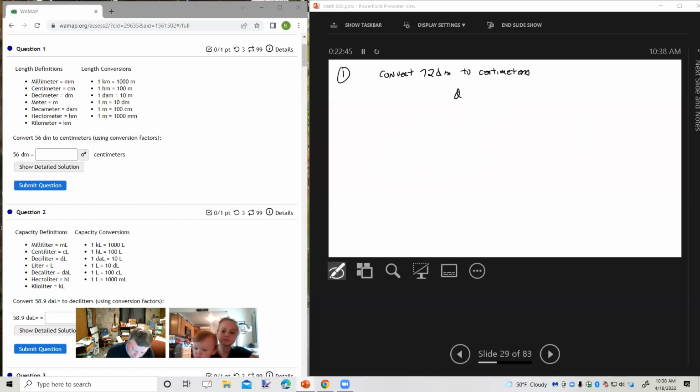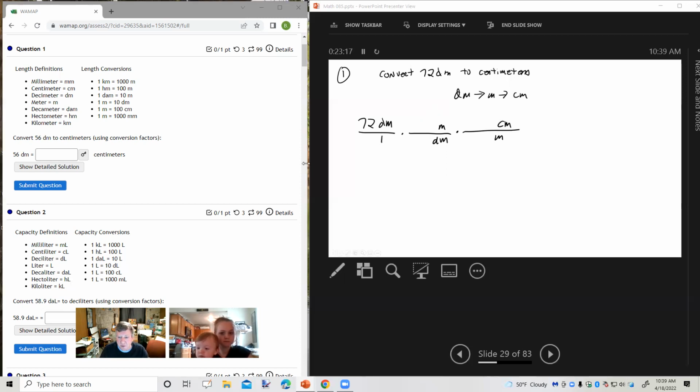So I'm going to go from decimeters to meters, and from meters to centimeters. So just like on Friday, I'm going to create a roadmap to follow so I can keep my wits about me. All right. So we're going to start with 72 decimeters. We're going to go from decimeters to meters and meters to centimeters. So I've got my units so they line up.